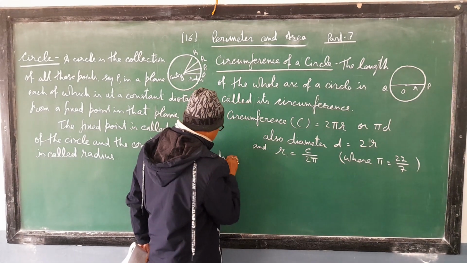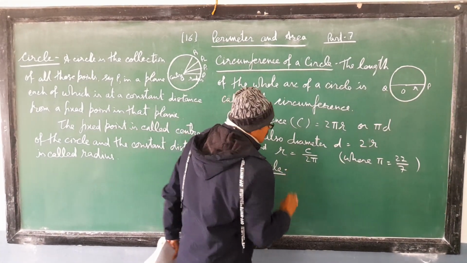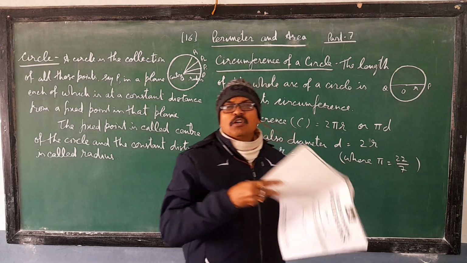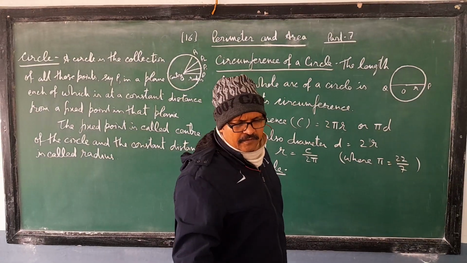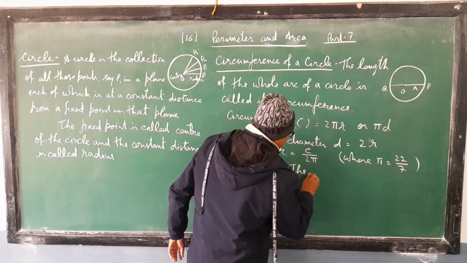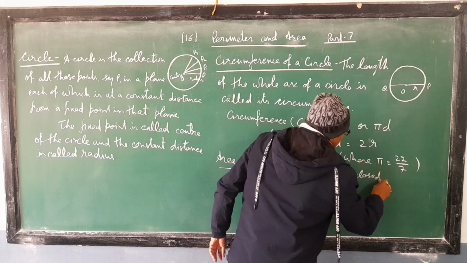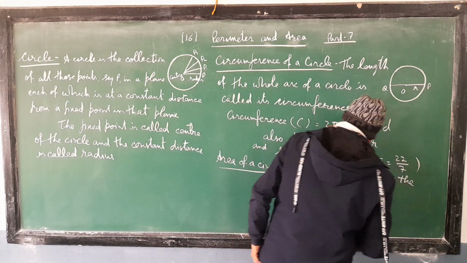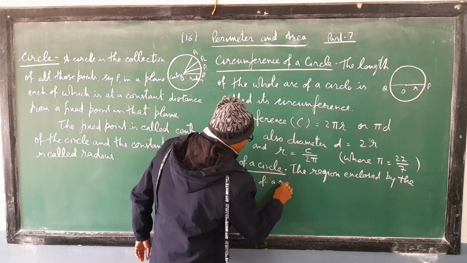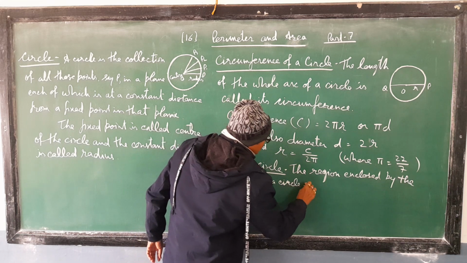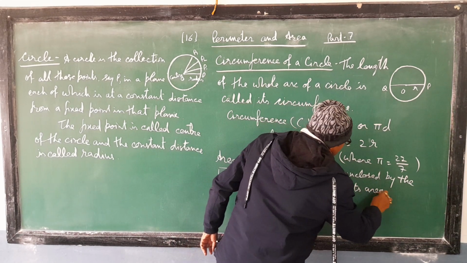Next point is area. What is area? The region enclosed by the circumference or boundary of a circle is called its area.